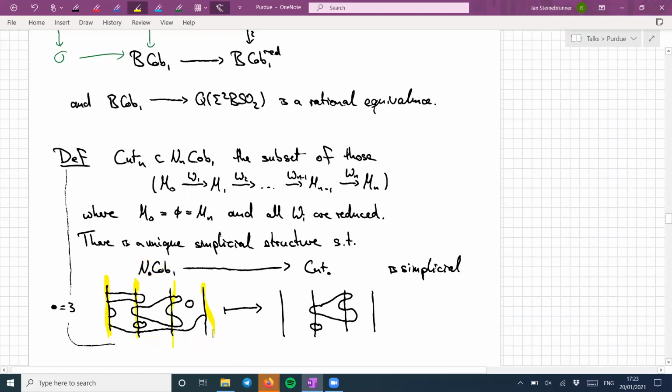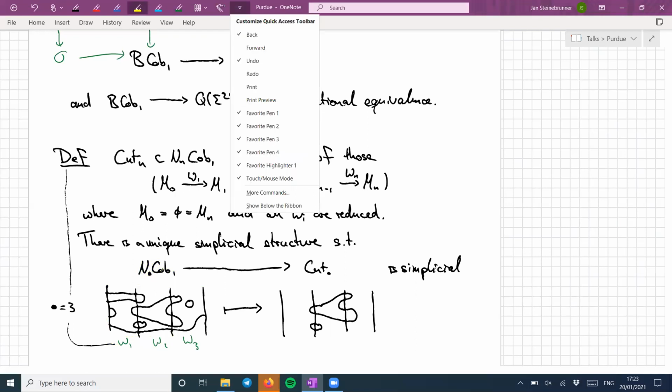They're just there to tell you where a bordism starts and stops. But really, this is one bordism here, W1, W2, and W3. They're 3 composable bordisms. I just drew them next to each other so that the face map is exactly given by forgetting one of these bars. All right, so this is a way of just writing down that thing.